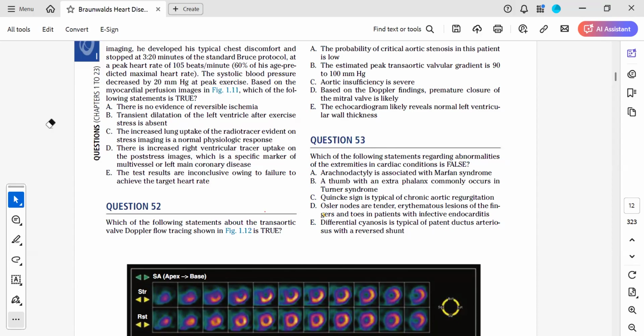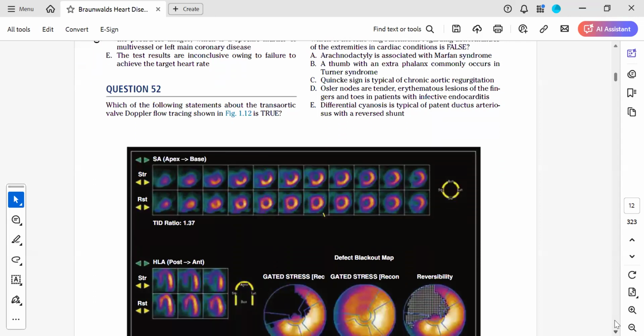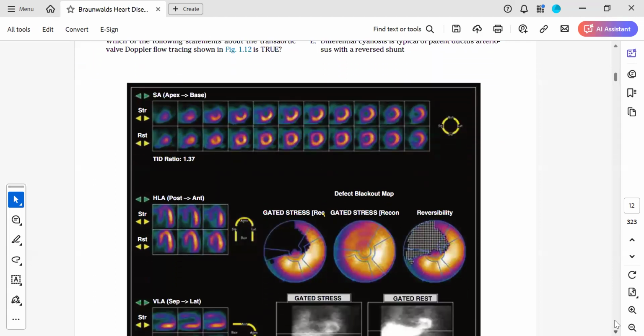And then looking at the perfusion images, you can see that for the apex, the anterior part is affected, and the anterior part is supplied by the left anterior descending artery. For the vertical long axis, the whole of the septum is affected.